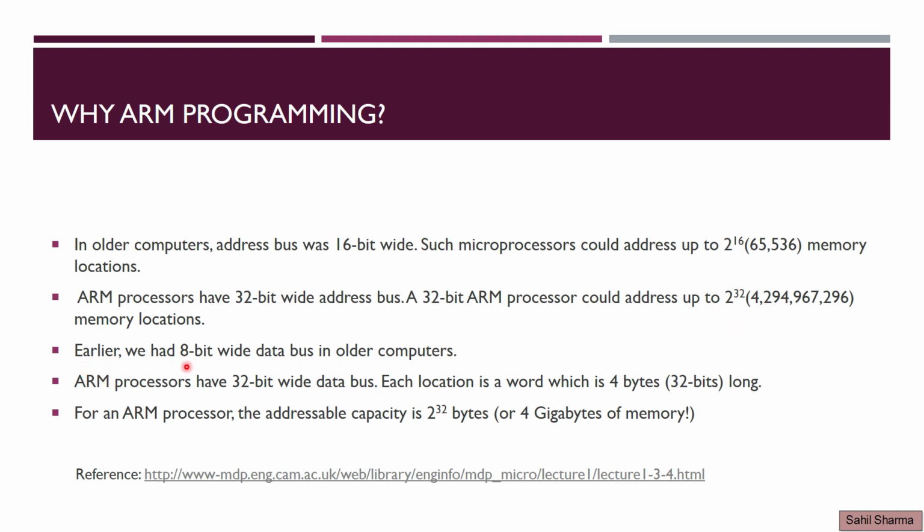Earlier we had 8-bit wide data bus in the old computers, but ARM has a 32-bit wide data bus. So each location is a word which is of 4 bytes. For an ARM processor, the addressable capacity is 2^32 bytes. So total of 4 gigabytes of memory can be addressed.